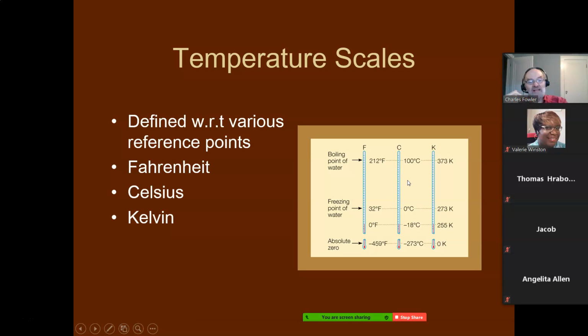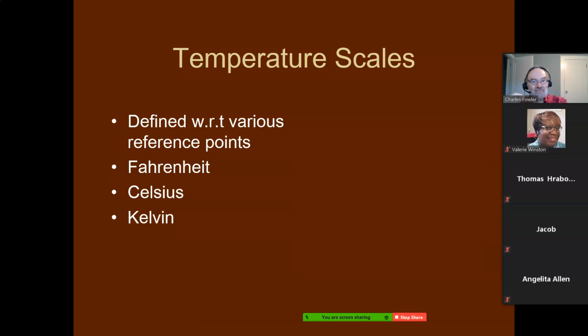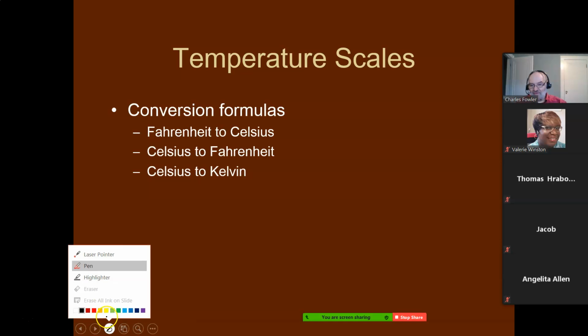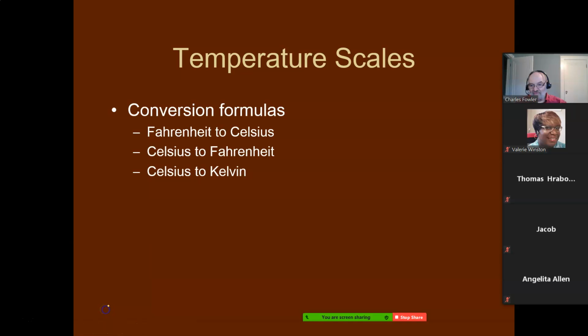Okay, now that gives us at least a leg up on how in the world we make our conversions. So here are the conversion formulas, first from Fahrenheit to Celsius. So you know what the Fahrenheit scale is. Okay, now I'm going to go back to my yellow here, because that shows up the best.